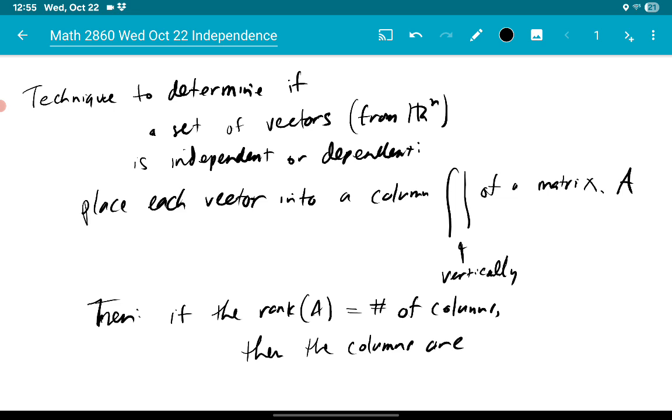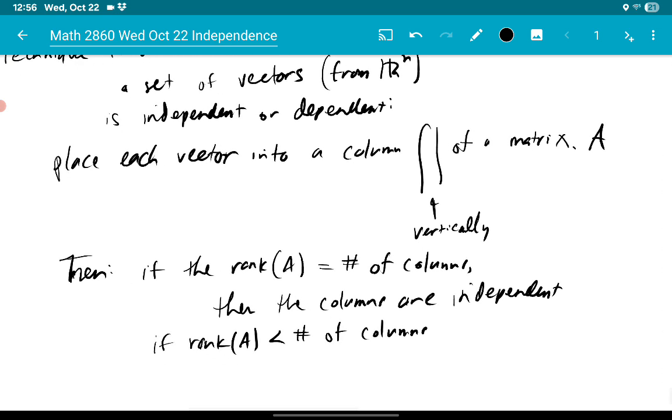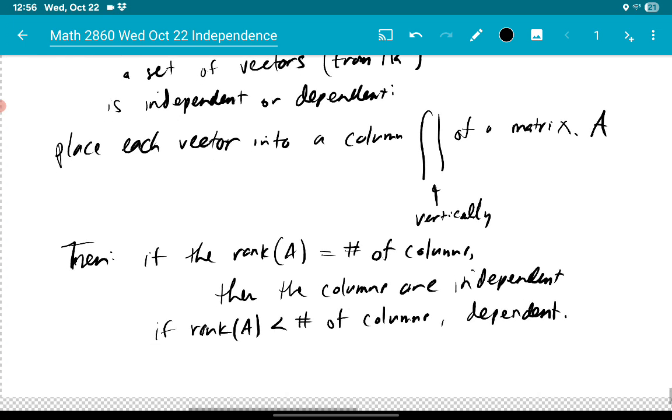The vectors that make up the columns are independent of each other, and the set would be independent. If the rank of A is less than the number of columns, by the way, the only way that would happen is if there was a column with no pivot after you row reduce it, then we would say the set is dependent. Okay.